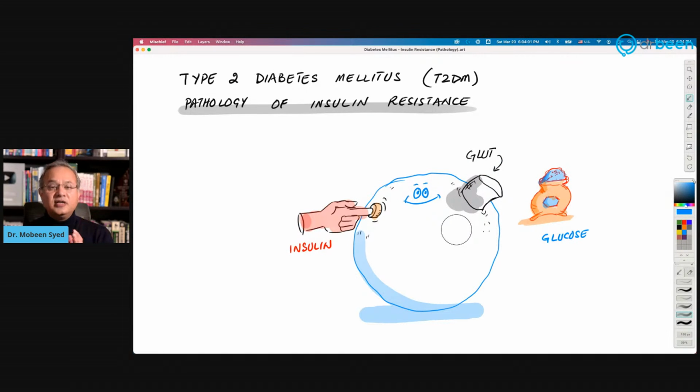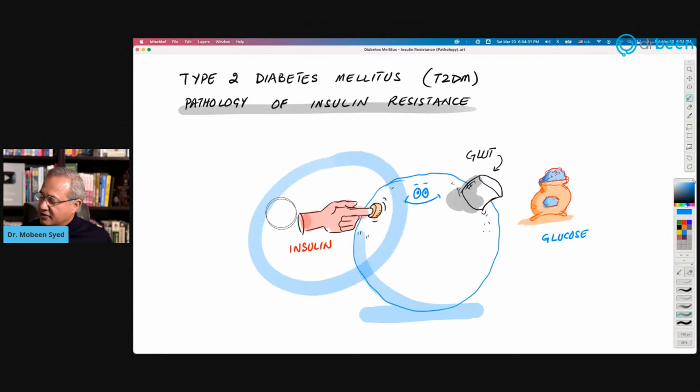About 30% of our body's tissue can have glucose enter them without insulin. For example, the brain can use glucose without the need for insulin. Or we know that the pancreatic beta cells themselves do not need insulin to have the glucose enter those cells. However, 70% of the cells need the presence of insulin.